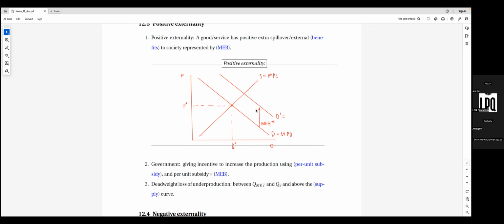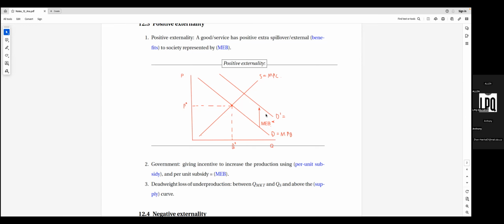So as a government, first step, you need to measure how big the external benefit is. You already understand that if everybody can get vaccinated, everybody can generate external benefits, good effects for those people around you.